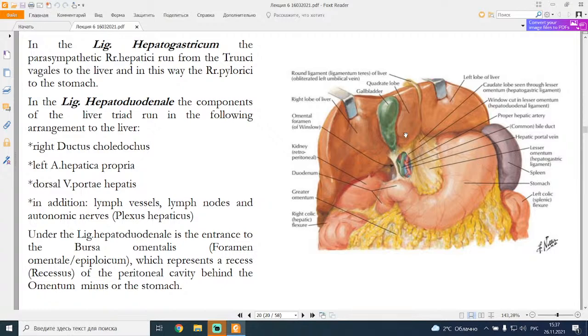This is the ligamentum hepatogastricum and the ligamentum hepatoduodenale. Here you see the omental foramen, and you enter into the bursa omentalis.